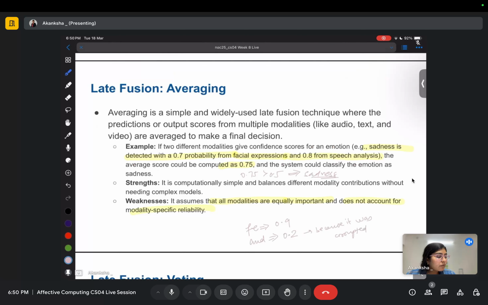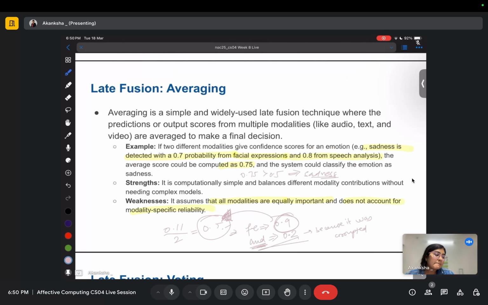Now the overall score becomes like that. It drops down from this to this. So adding this modality dropped the overall score from 0.9 to 0.5.